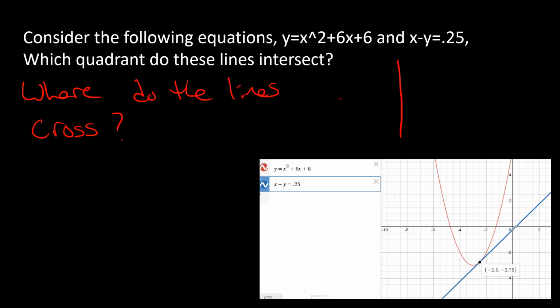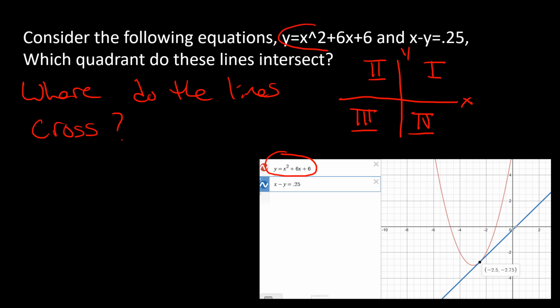If you remember, when we set up our quadrant system, this is quadrant 1, 2, 3, and 4. So which quadrant, 1, 2, 3, or 4, is our intersection going to cross in? What I did here is I graphed the first equation, this one here. I then graphed the second equation here.